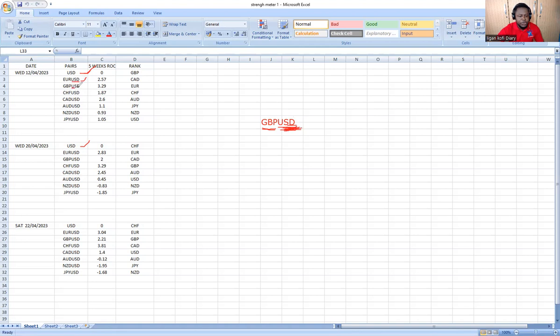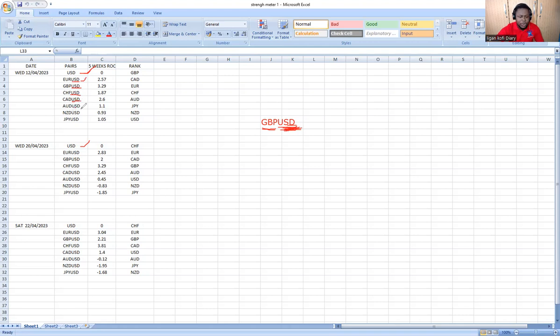GBP USD, USD is the quote currency here. CHF USD, it should have been USD CHF, but because I am pairing USD with all the currencies, you see that USD is the quote currency. It should have been USD CAD, not CAD USD. But because I've decided to use USD, I have to pair USD with all the others. So USD is here as a quote currency.